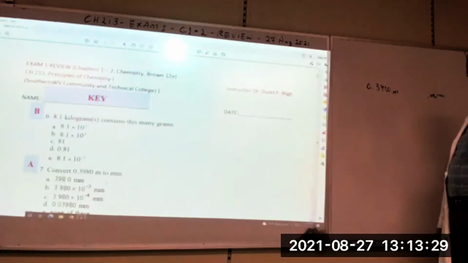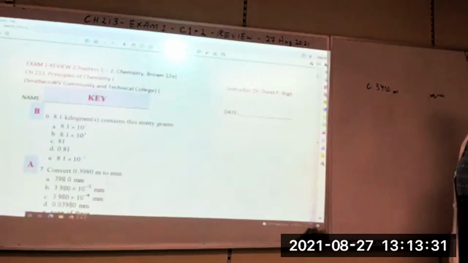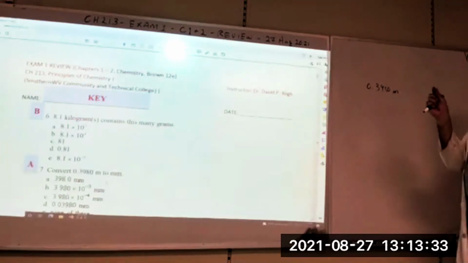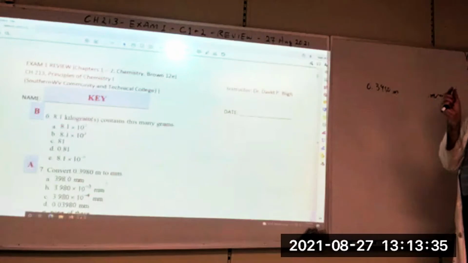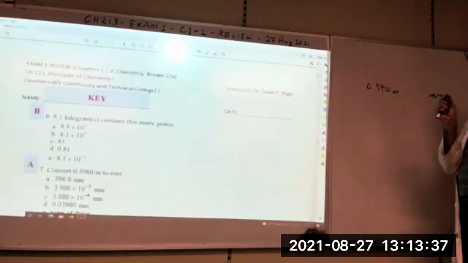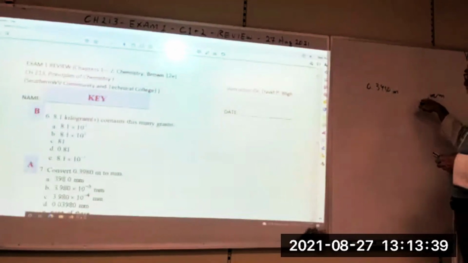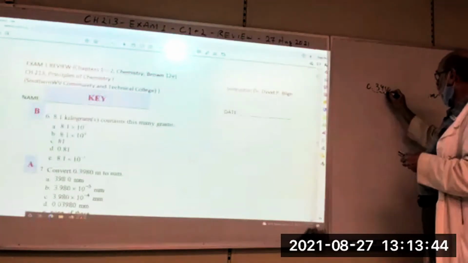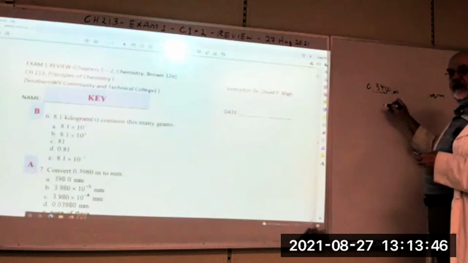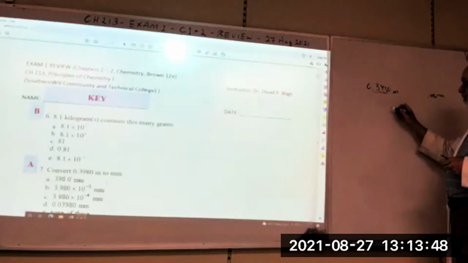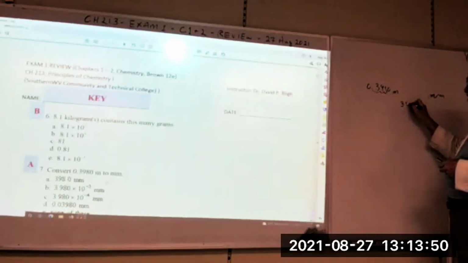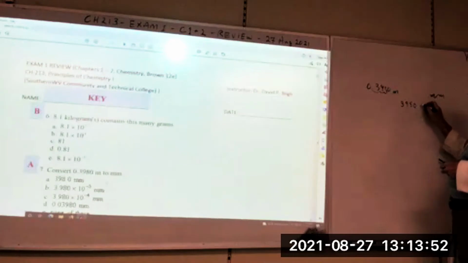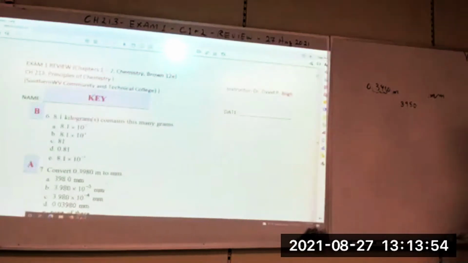Milli means 1,000th of, right? So 1,000th of a meter, how many of those does it take for a meter? 1,000 times. So the milli part is storing those first three positions, which is 1,000. So 398.0 millimeters. All right. Yep.